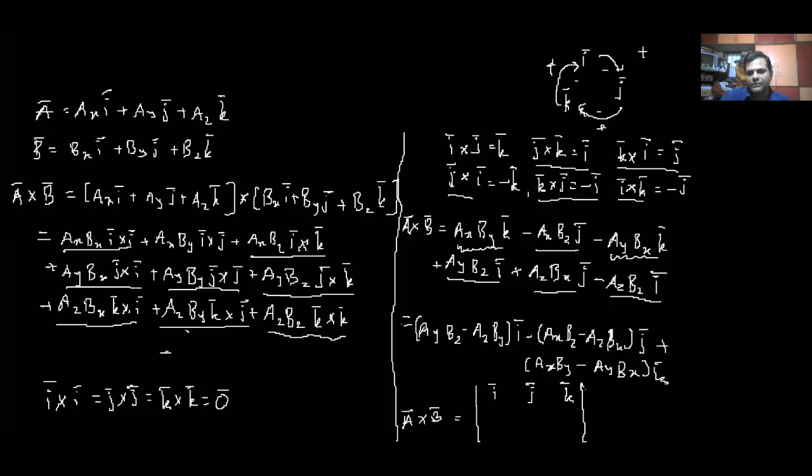Second row will be occupied by this a x, a y and a z, whereas the third row can be occupied by b x, b y and b z.